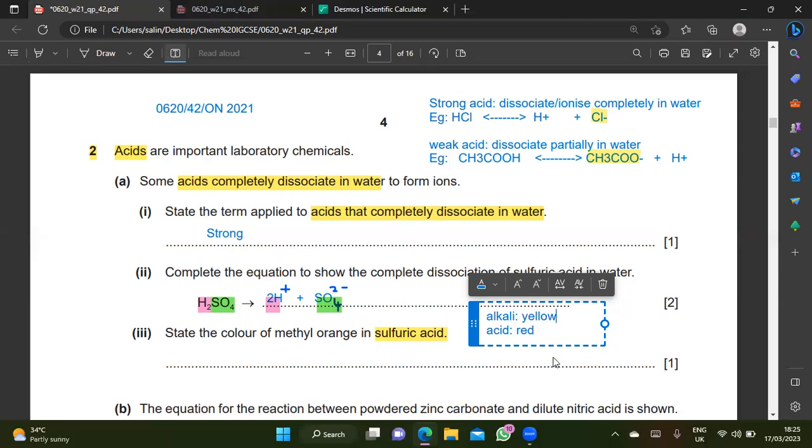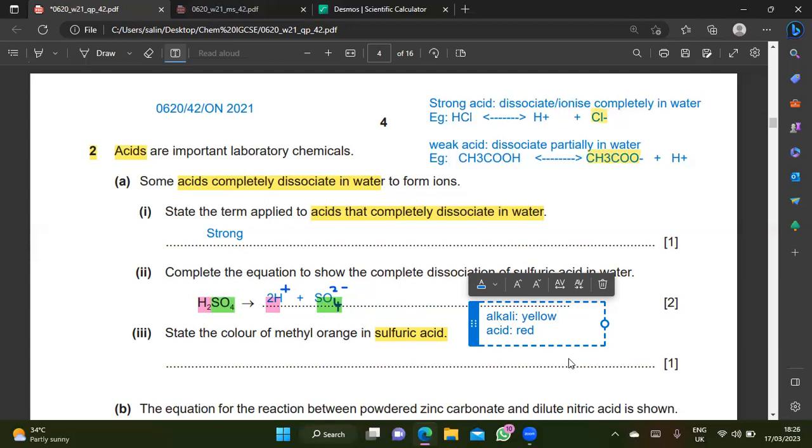So methyl orange, although the name is methyl orange, in acid or alkali, there's no orange. Just remember that. It's either red or yellow. Those two colors only. It cannot be green, or purple or anything.